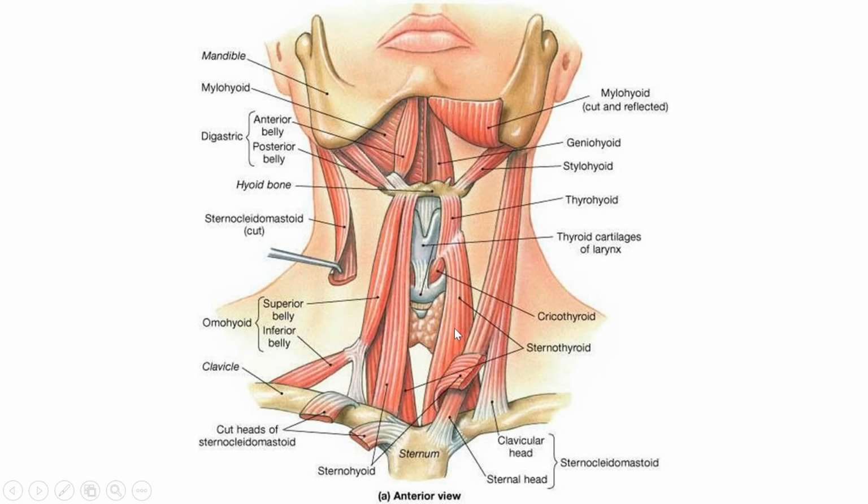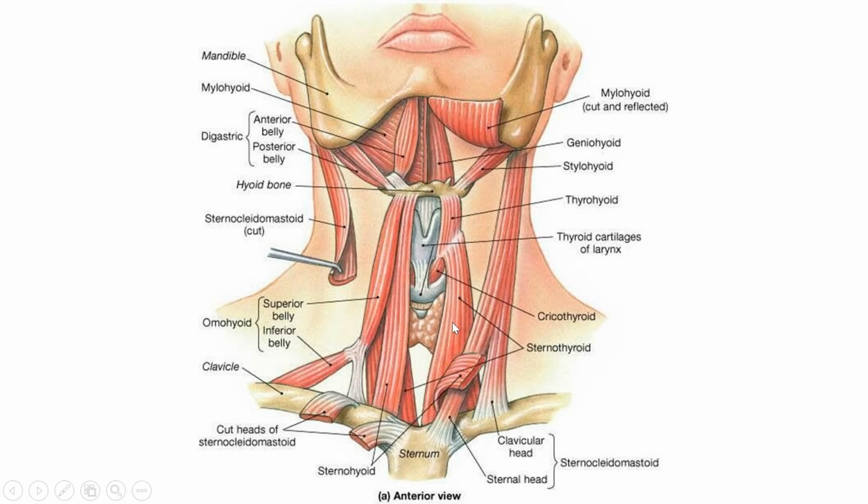Then we have the underlying sternothyroid, from behind the sternum to the oblique line, and from the oblique line to the hyoid bone, thyrohyoid. So these are the four muscles, and look at the thyroid gland, which is present just beneath this oblique line.